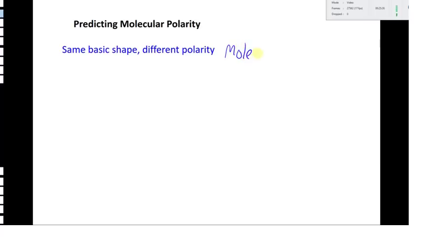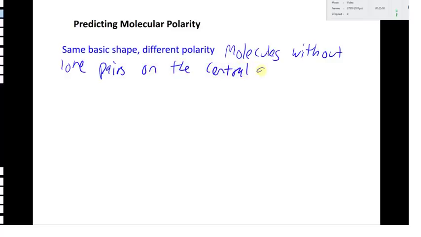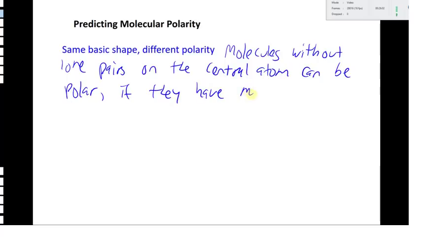What I want to point out on this slide is that molecules without lone pairs on the central atom can be polar if they have more than one type of outer atom.